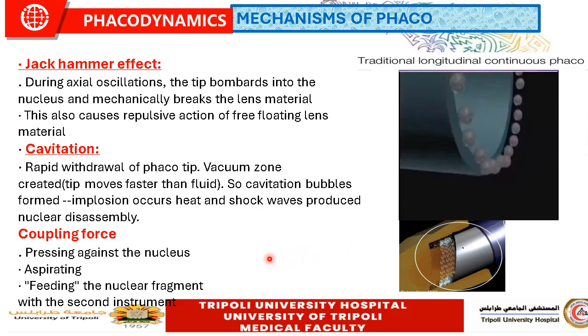The aspiration itself will help in milking and emulsification of the lens matter. Also, the second hand feeds the phaco needle with the lens fragment. This is called the coupling forces, which help and assist in phaco emulsification. So the main mechanisms are the jackhammer effect, the cavitation theory, and the coupling forces.